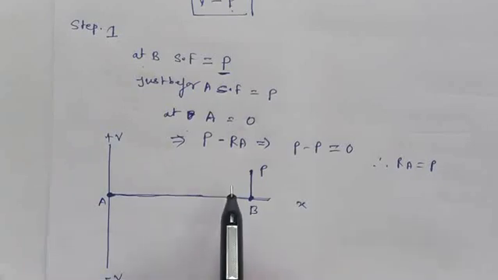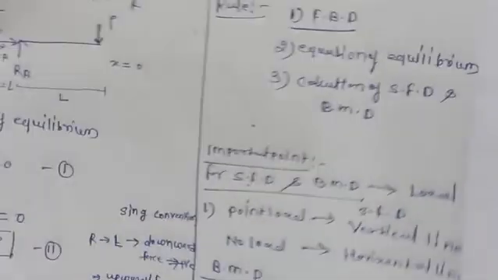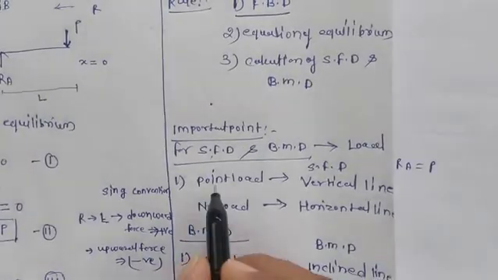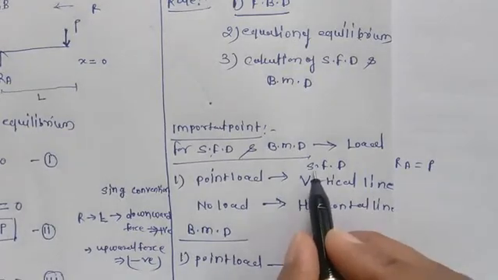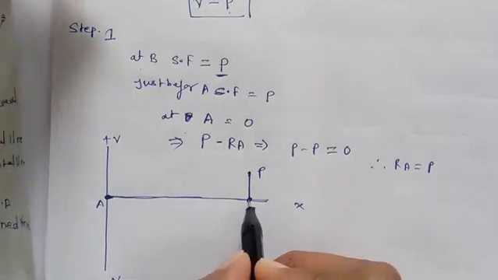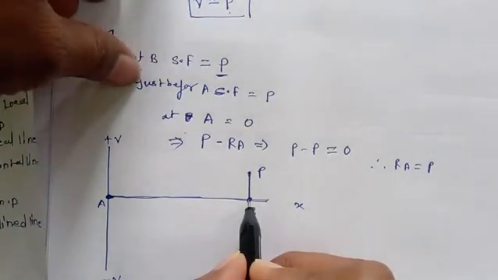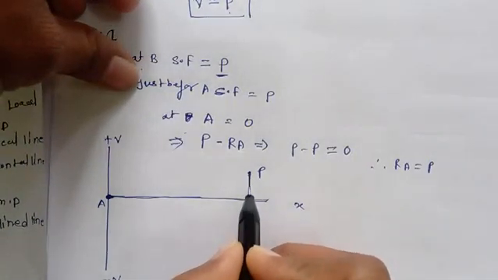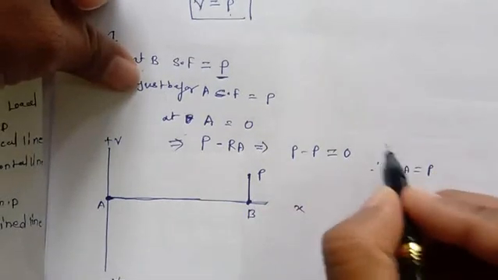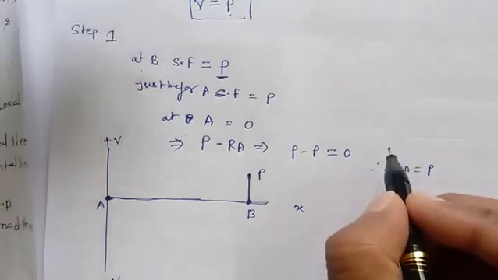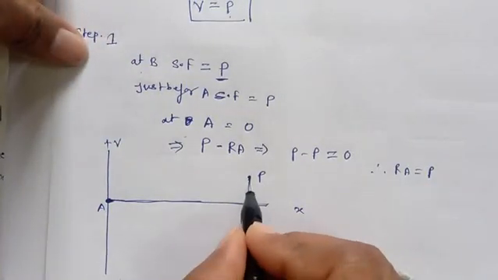Okay, so how to draw this shear force diagram? We already know from the important notes that if a point load is there, a vertical line will be there in the shear force diagram. So at point B, because it's a point load P, the vertical line will be there, but in the positive way because P is a downward force which we are taking as positive, so it will go to the positive side.